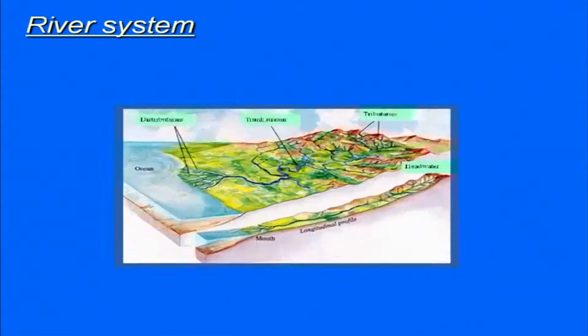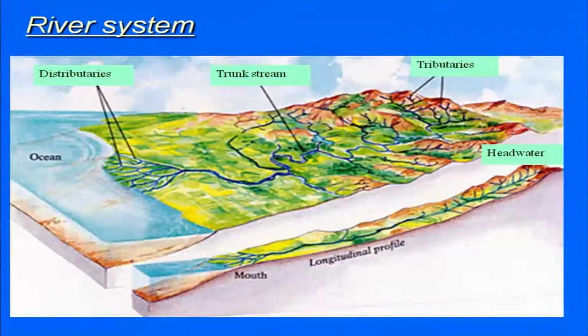So if you take a river system in total, then what we have is the uplands from where it originates, then we have the flat areas on which it flows, and finally we have the region where it goes and meets.